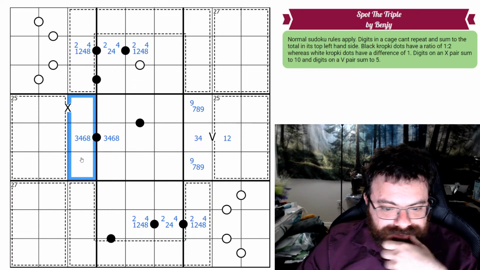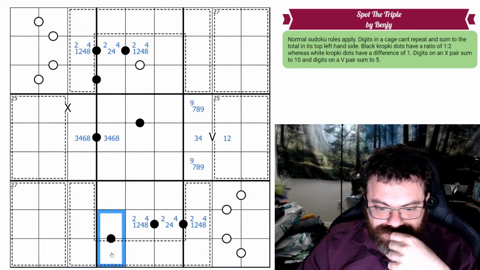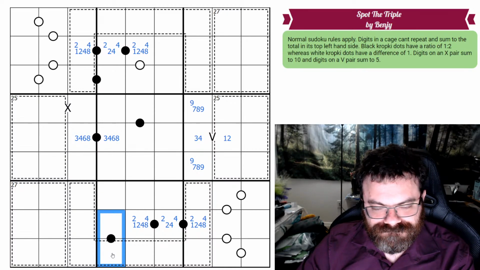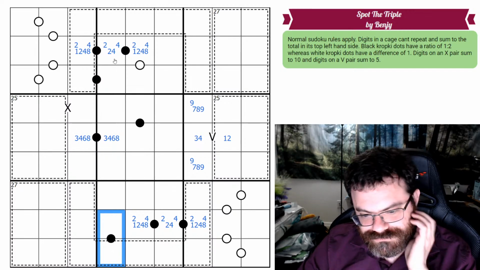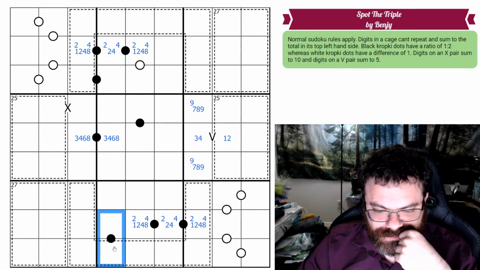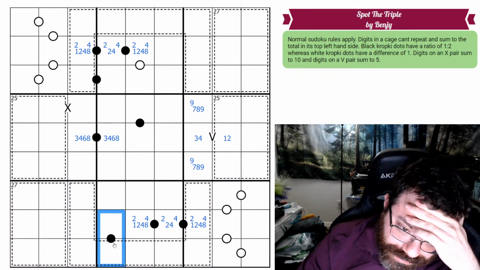But these add to 20. All right, this Kropke dot can't be 2-4, because of this one. So it's either 1-2, 4-8, or 3-6.